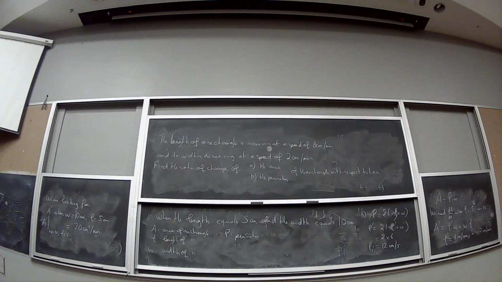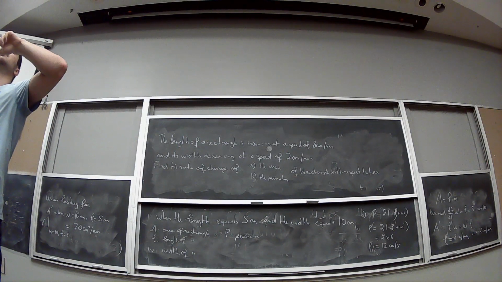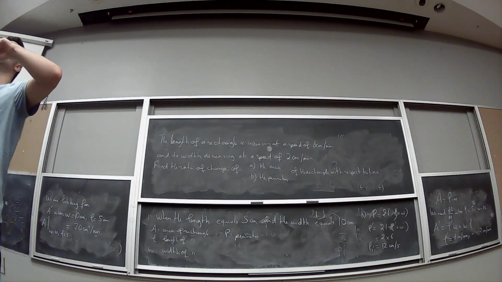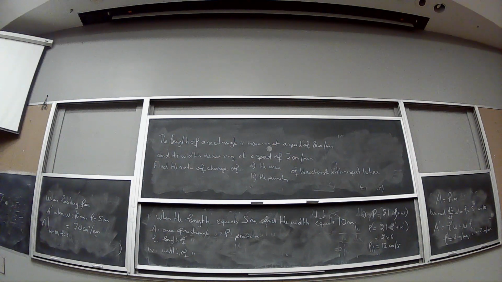Any questions? Yes, sir. How come you can't show the length and width and area as a function of time? Like why can't you say the L prime is 8 centimeters per minute, and do that for the area? Oh, I see.